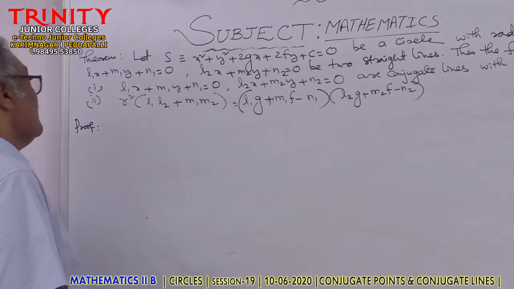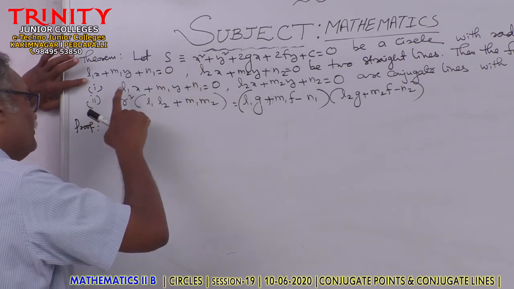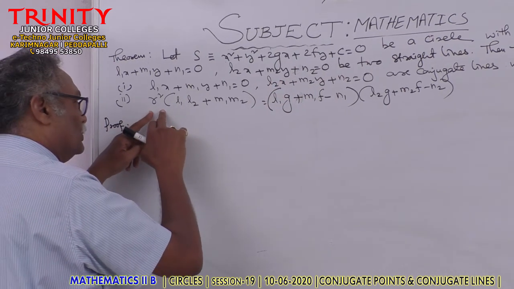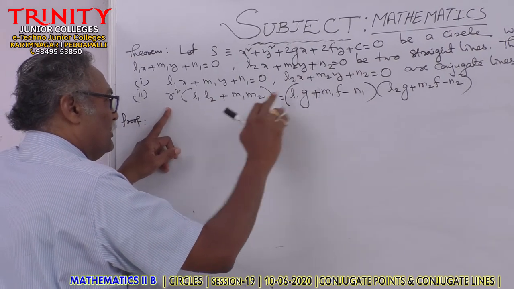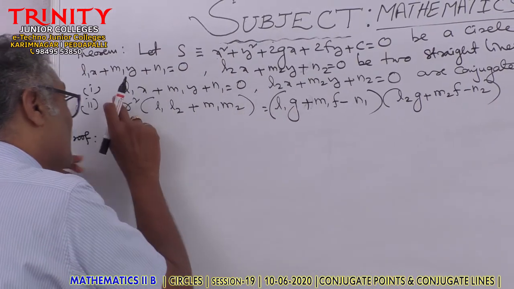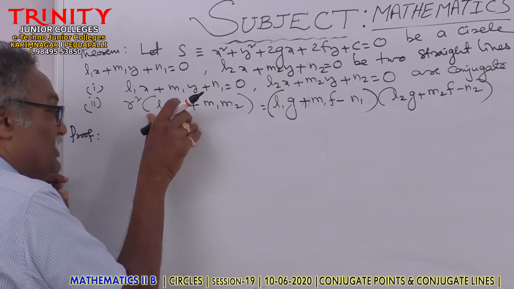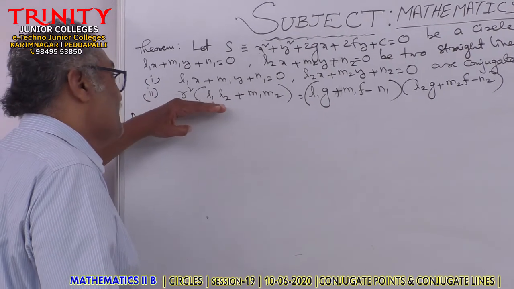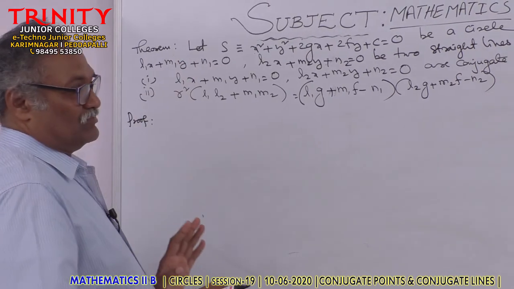It means if they satisfy this, then R square into L1 L2 plus M1 M2 equals this one. With the help of this one, we have to prove this part. After that, with the help of this, we have to prove this one.